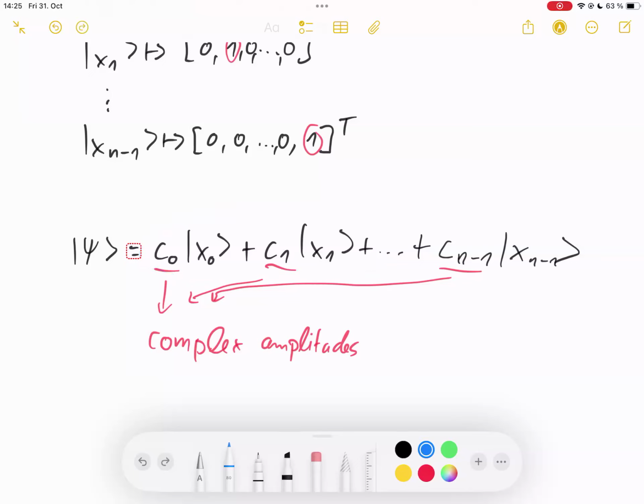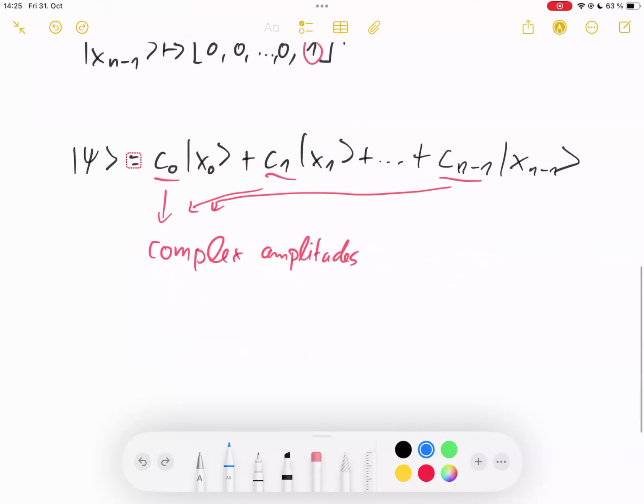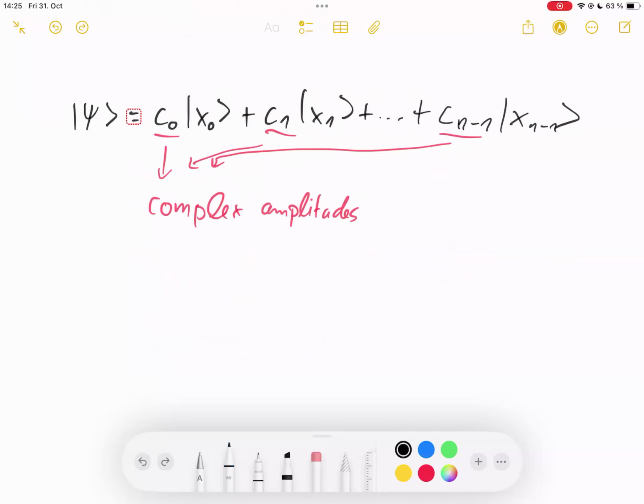But as of next week, it will get much simpler because we will only have x0 and x1 when we look at qubits. So since our psi ket is this linear combination, or a sum of products, where we have the complex amplitudes multiplied with the basic states, we could also say that this is just another representation: C0, C1 up to Cn minus 1, transposed.